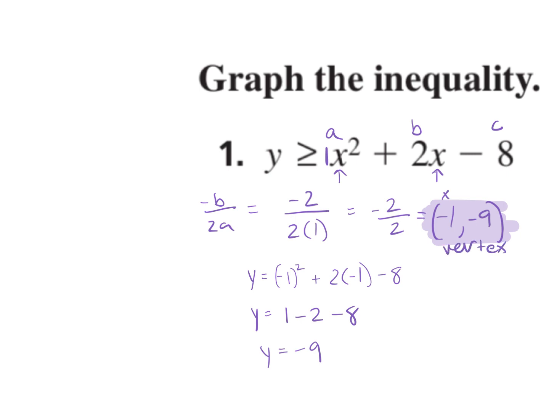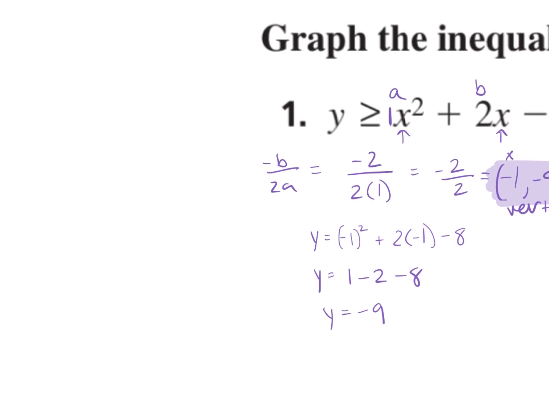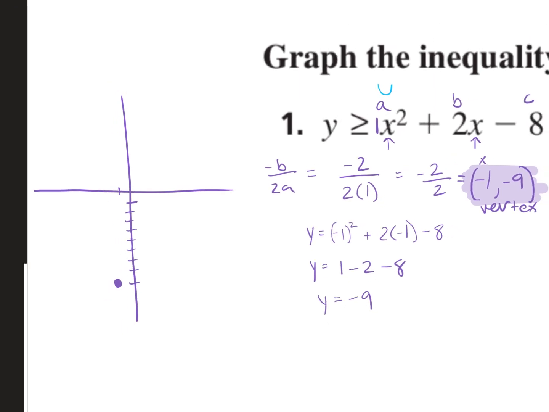So I'm going to draw my graph over here on the side. I have to go to the left to negative 1 and down to negative 9. Put a point there. That is my vertex. Now I know because a is positive, my graph is going to open up. But I need another point on my graph.